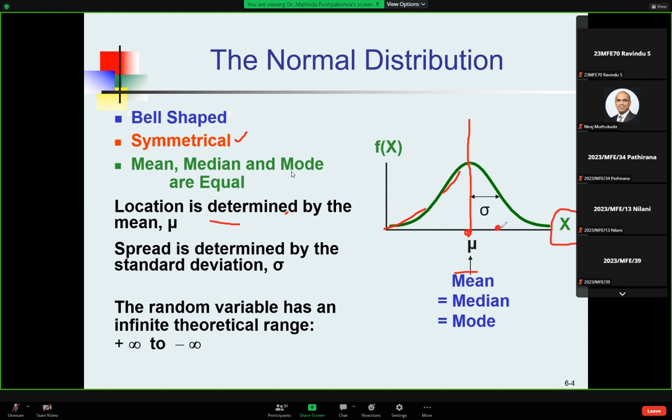Now let's say if mean increases, then what will happen to the distribution? The distribution shifts to the right. If mean decreases, then the distribution may shift to the left.